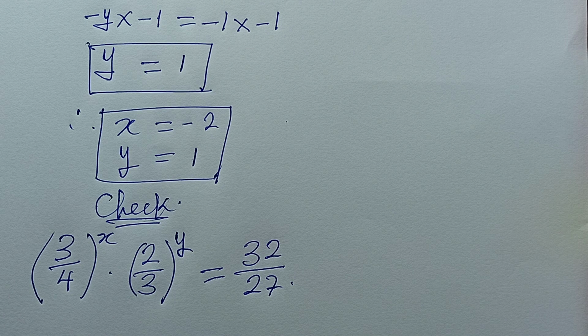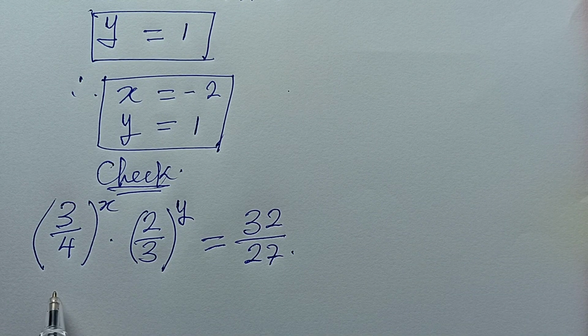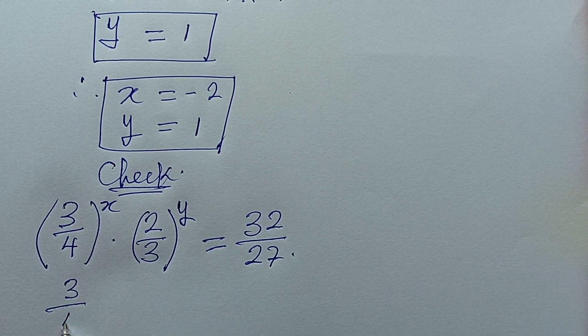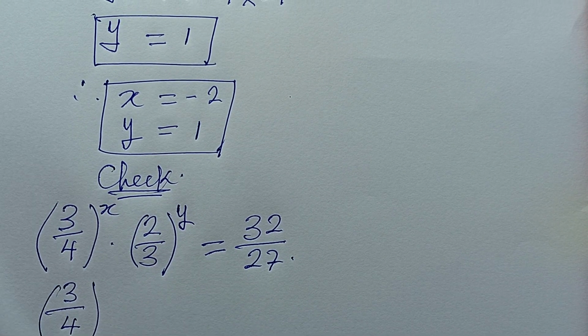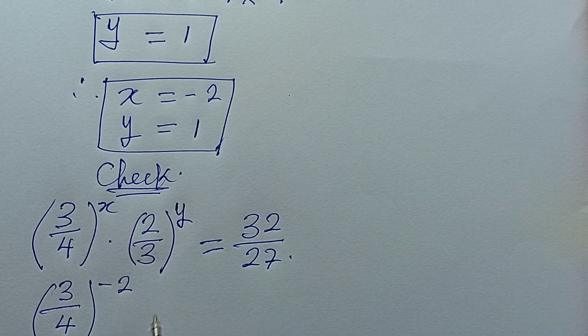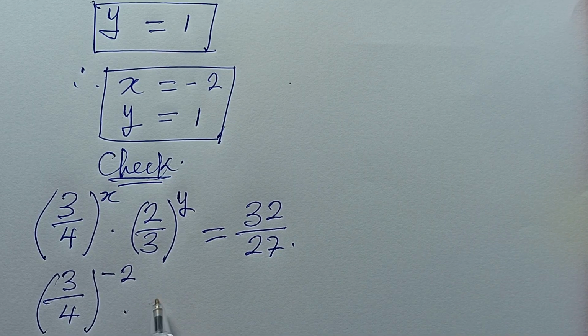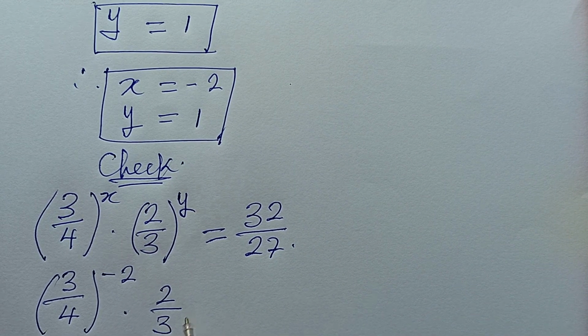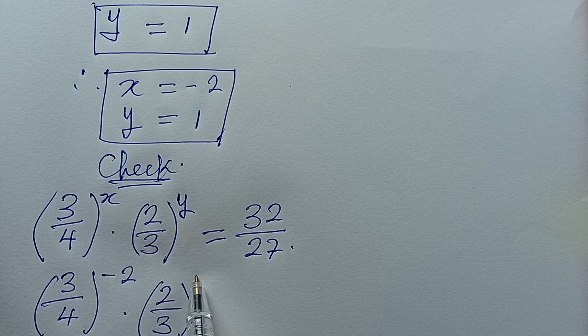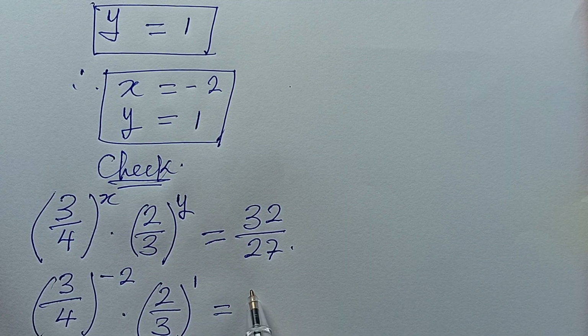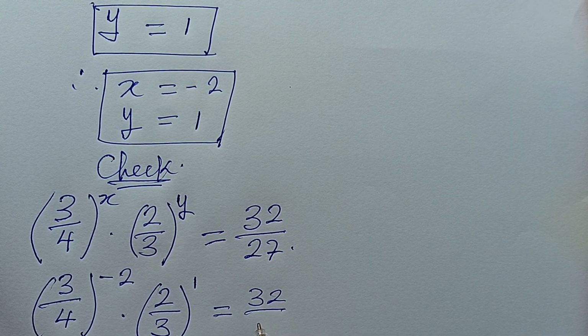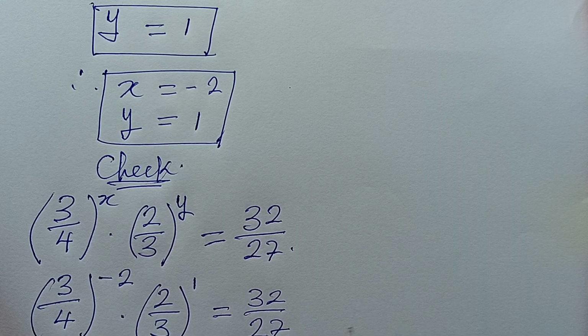Wherever we see x, we put minus 2. This gives us 3 over 4 all raised to the power of minus 2, times 2 over 3 raised to 1, equal to 32 over 27.